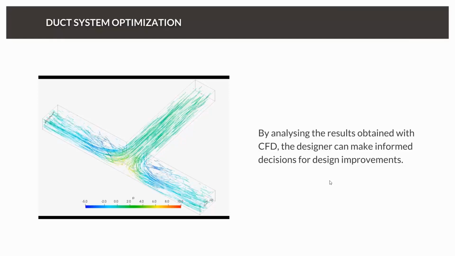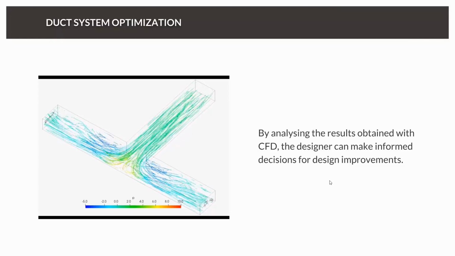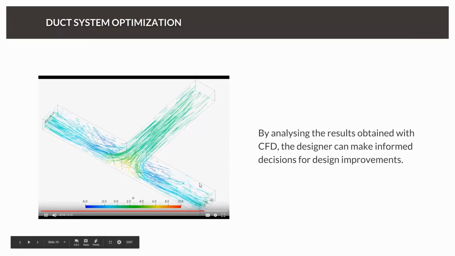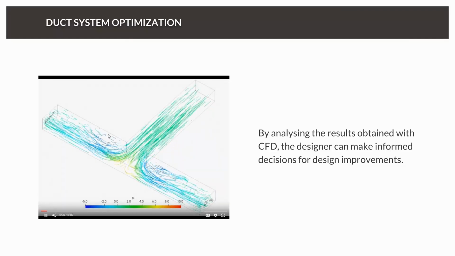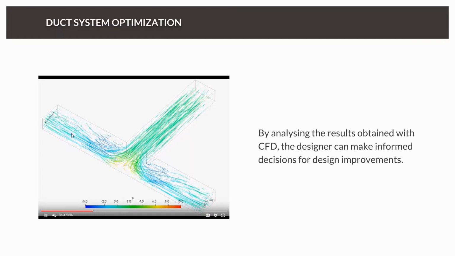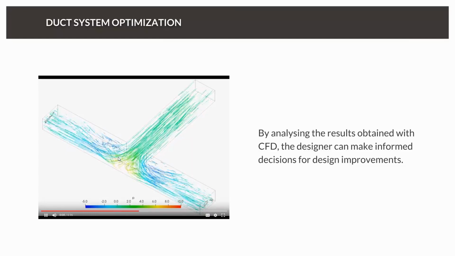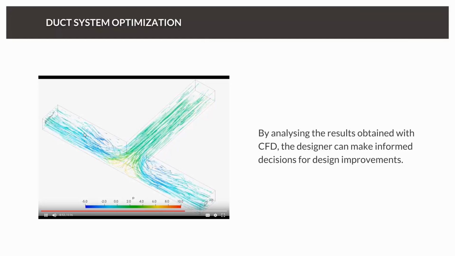This was created based on another simulation, and it really shows us exactly what is happening inside the duct, and where we have some problems. For example, here you can see we have this flow separation, and you can see how after the separation our pressure massively drops.